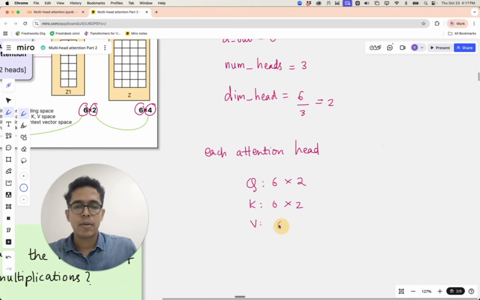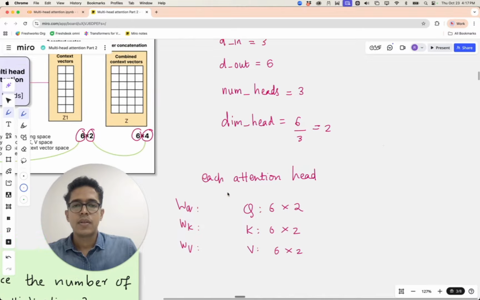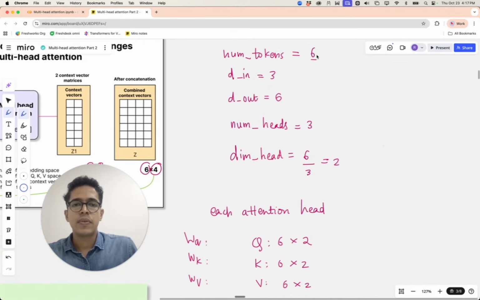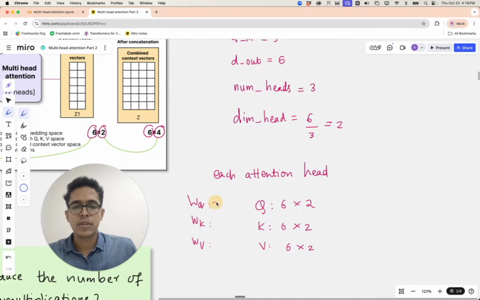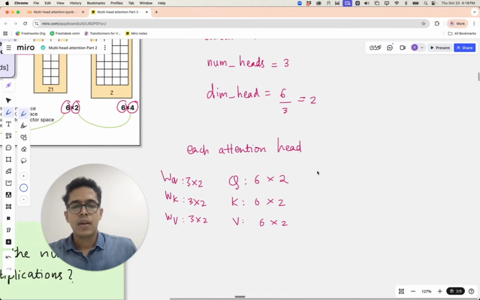The value matrix, key matrix, and query matrix will all be 6 by 2. What about WQ, WK, and WV? You are converting something of 6 by 3 to 6 by 2. So this should be 3 by 2. This should be 3 by 2. This should be 3 by 2.